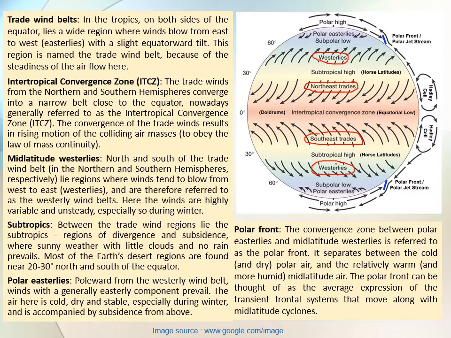The next type of wind movement is found in the polar condition. Now, one interesting thing happens near about 60° latitudes, because it is the region in which the subtropical wind collides or meets with the cold, heavy polar winds.